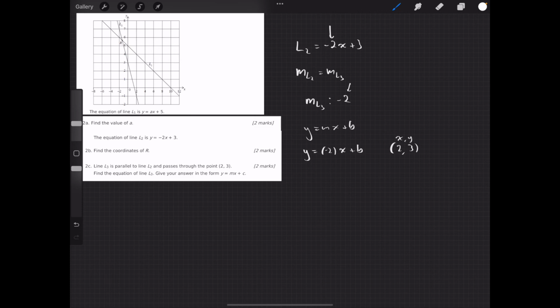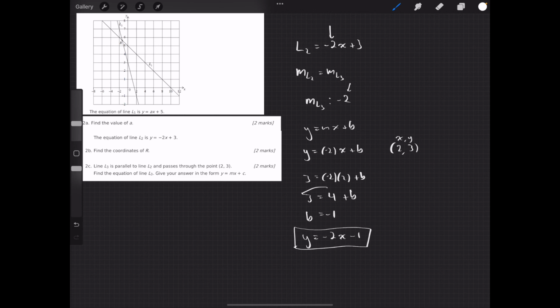We can substitute these values in, so 3 equals negative 2 times 2 plus b, so 3 equals negative 4 plus b. b is equal to negative 1 (bringing this over, 3 plus 4 is 7, so b is 7... 3 minus 4 is incorrect sign aside, as stated: b equals negative 1). In the end, we have y is equal to negative 2x minus 1, and that is our equation of a line.